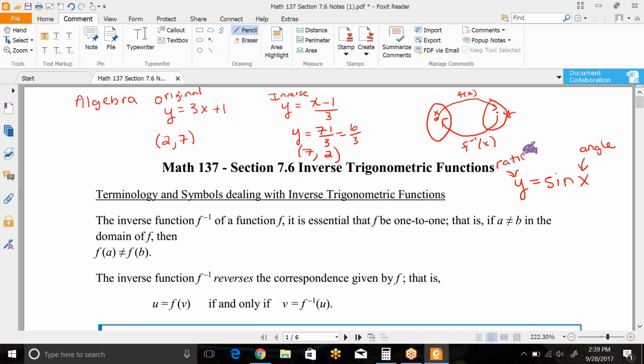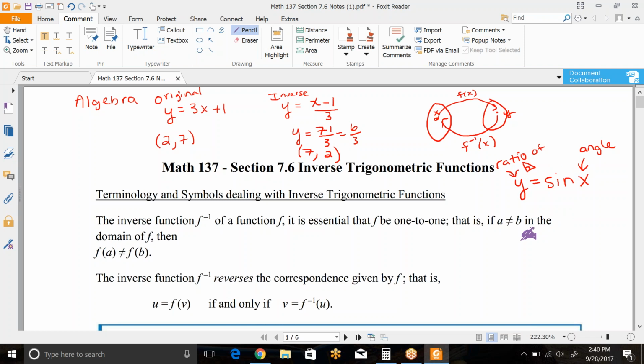Remember, it's opposite over hypotenuse. So this is what a function is when it's a trig function. The input is an angle in radians or degrees, or a real number that we're considering as a radian. And then when we work it out, we get a decimal or a fraction that is a ratio of the legs and the hypotenuse of the triangle, depending on which one you're doing.